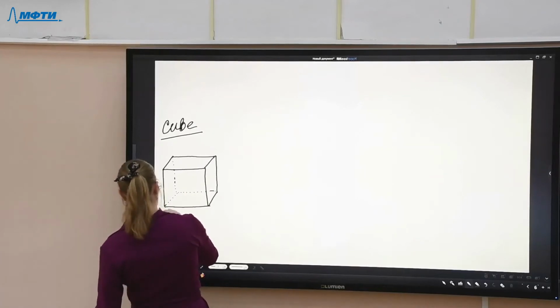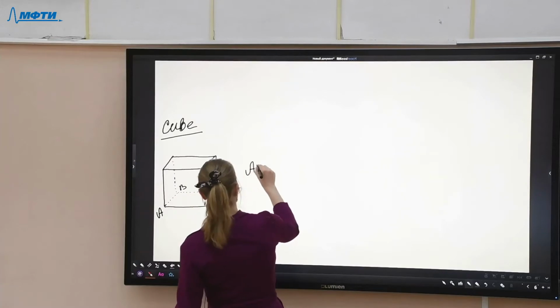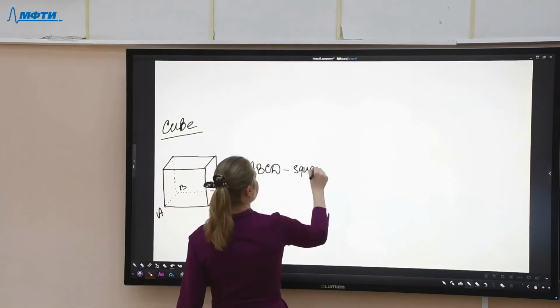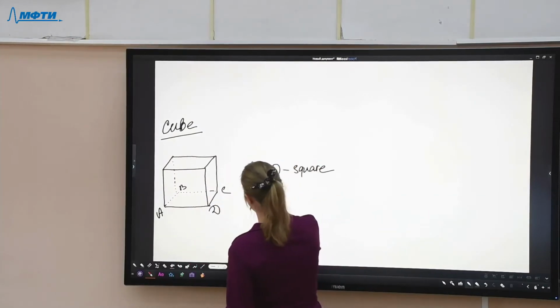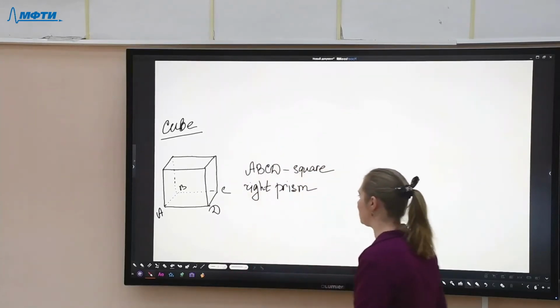Let it be ABCD. And we know that ABCD is a square. Also, we know that this is a right prism. So this is a cube.